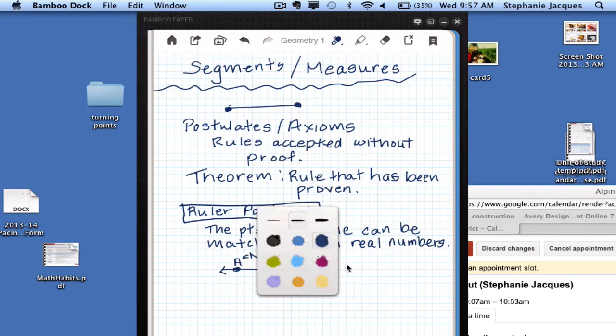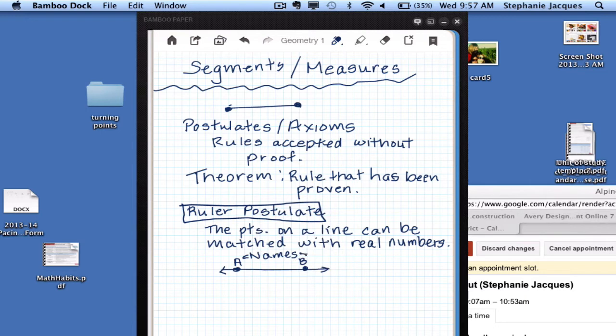And B is the name for that point. And below it, I'm going to put x1 and x2. Because this is just on a number line, it's not on a coordinate grid, so you're not going to have your y values. So these are called coordinates. And we learned that a long time ago.